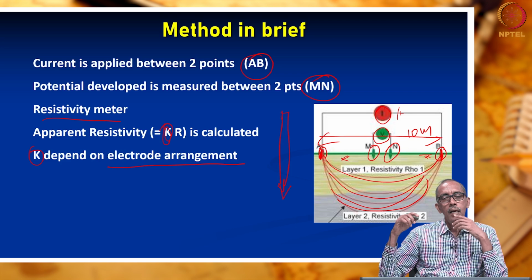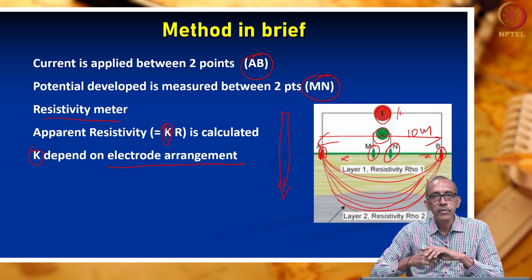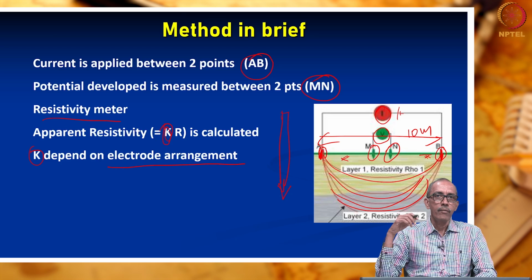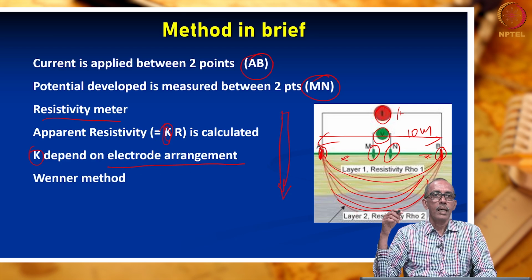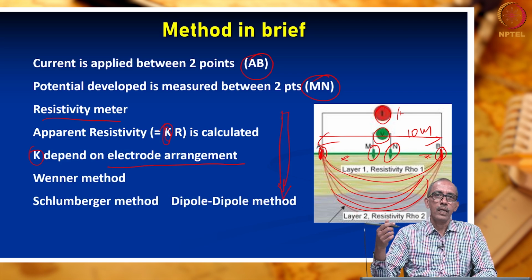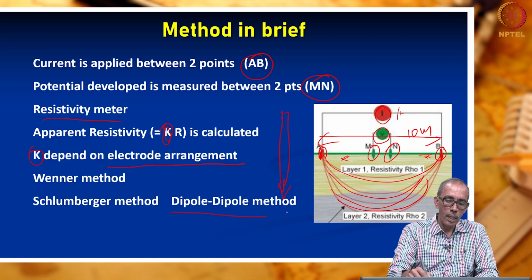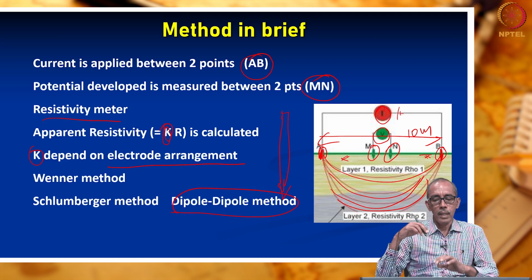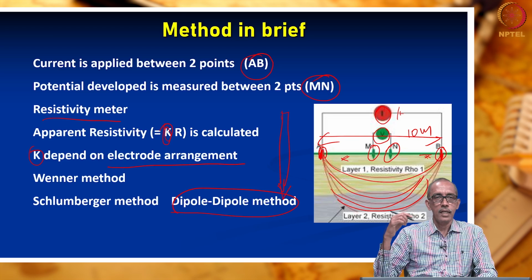Many researchers have suggested different methods of arranging the electrodes. Some of them are the Wenner method of arrangement, the Schlumberger method of arrangement, and the dipole method of arrangement. These are some of the popular methods of electrode arrangement.